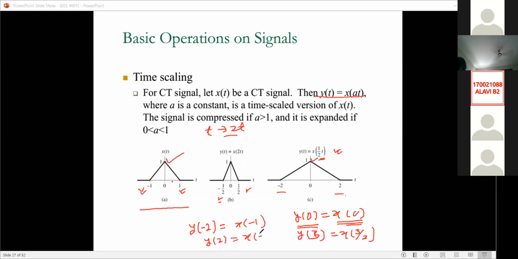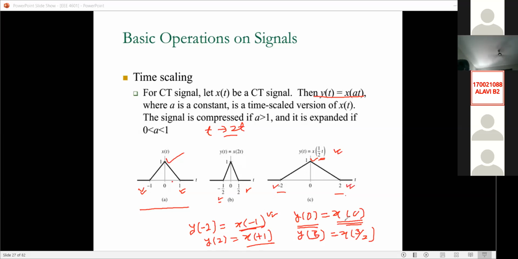Okay, if we go beyond this time in either direction, then what will happen? No signal is available. So you can easily calculate that x(-1) is appearing at y(-2), and x(1) is appearing at y(2), isn't it?